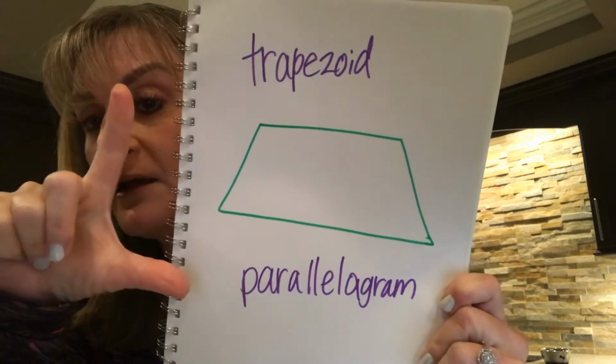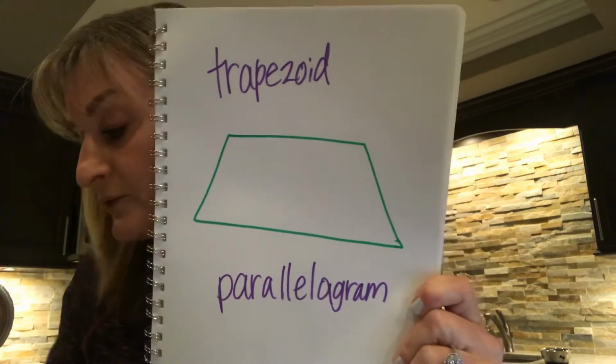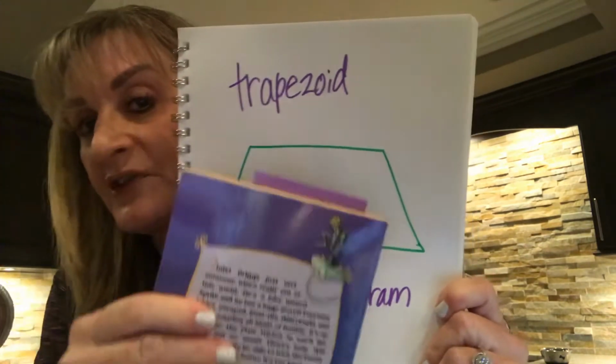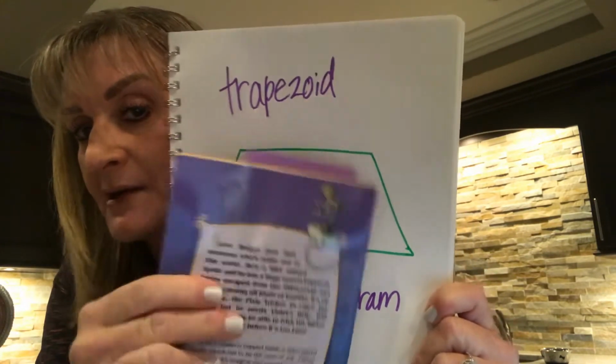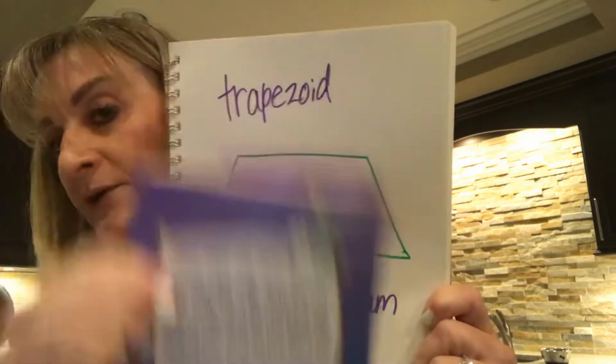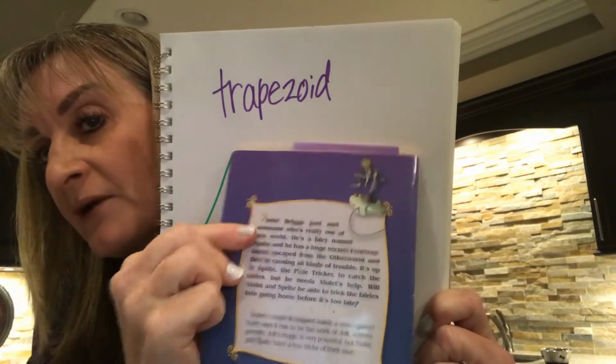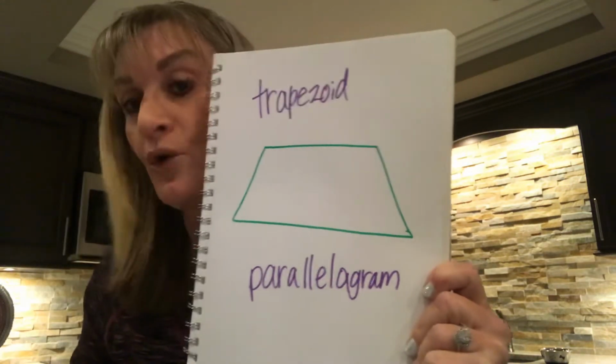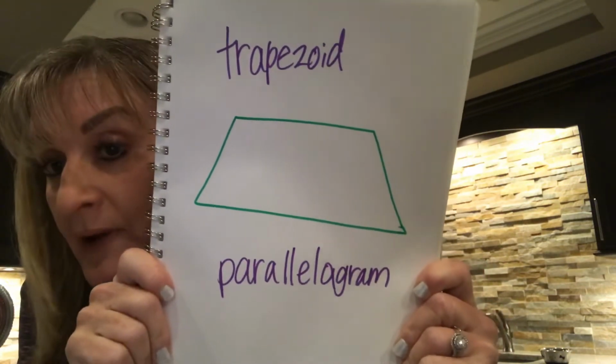Do you see an L? Can you make a corner out of any of those? Sometimes my kids would use a sticky note or go like this. That's not a corner. Like this. That's not a corner. Nope, that's not a right angle either. So that's not going to work. No right angles. Parallelogram. One set of parallel sides. I'm going to show you with red.